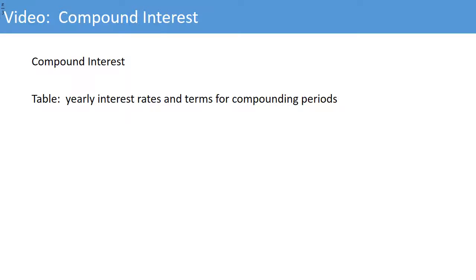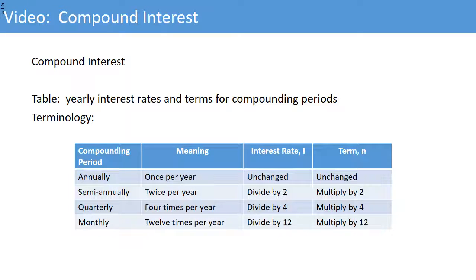Now, let's look at this table that gives yearly interest rates and terms for compounding periods. Whenever rates are quoted, they're based on a yearly amount. The word annually means once per year. The rate is expressed in that form, so we don't need to do anything, and the term is per year, so we don't need to do anything with that.